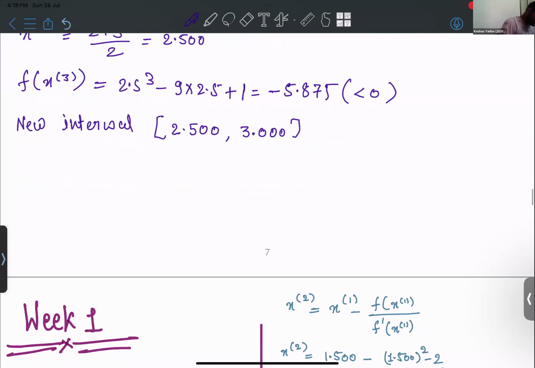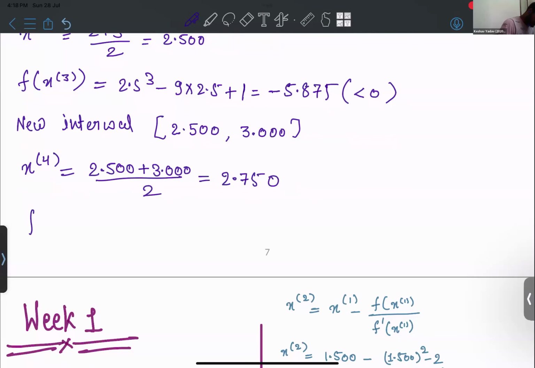Now at the fourth iteration, what will be the value of x? This will give the value 2.750.